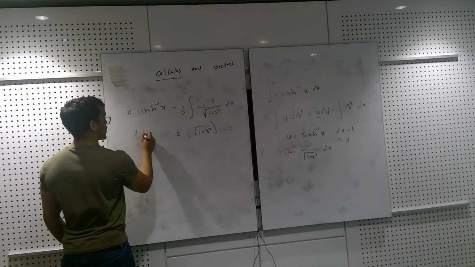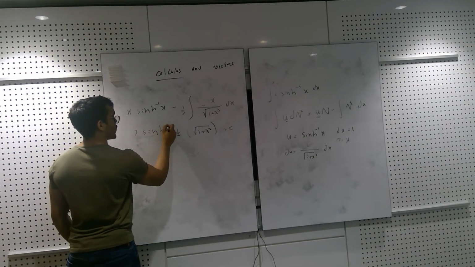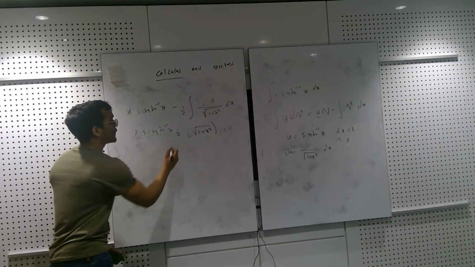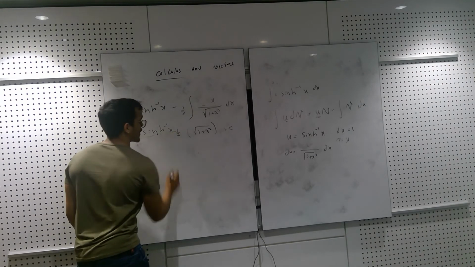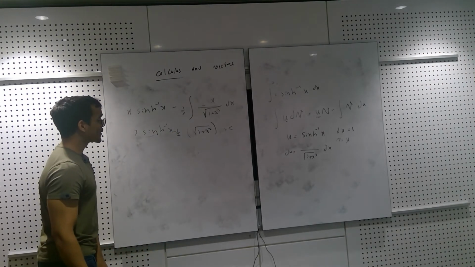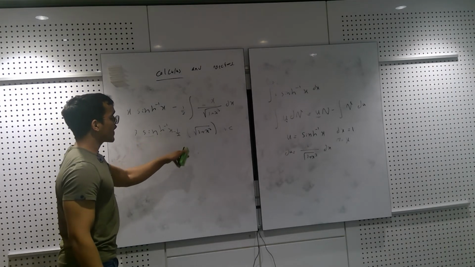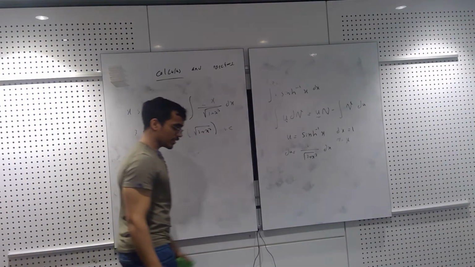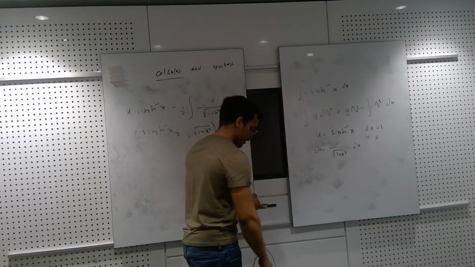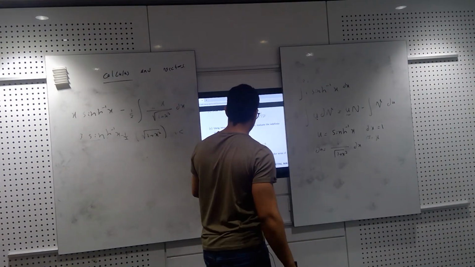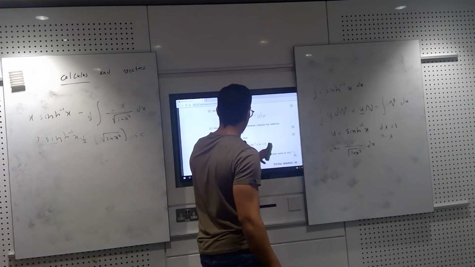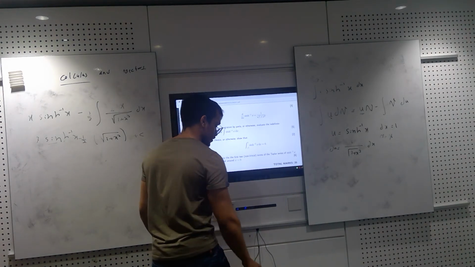So it's x arctan inverse of x minus half square root of 1 plus x squared plus c. This is the integration of this function.